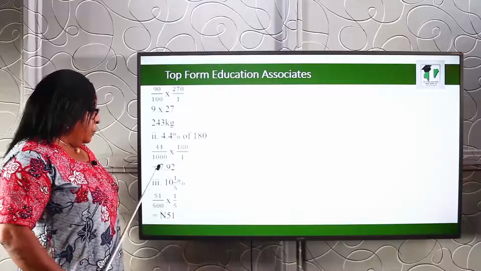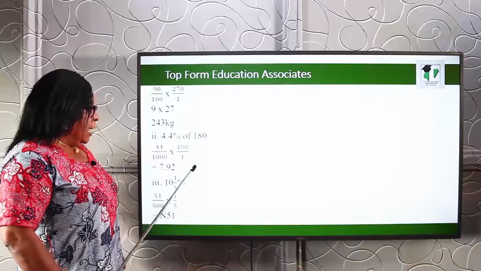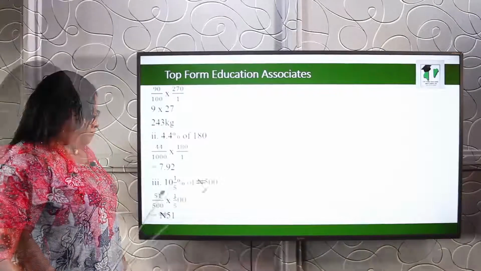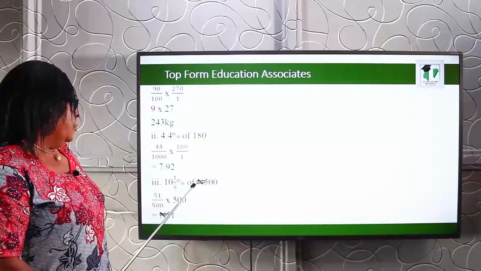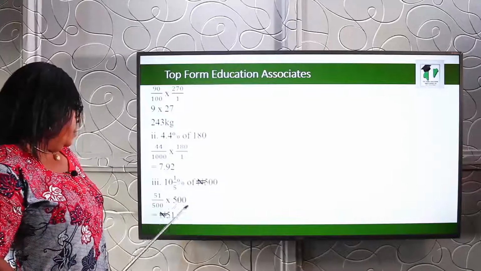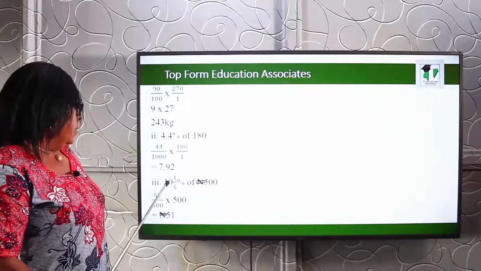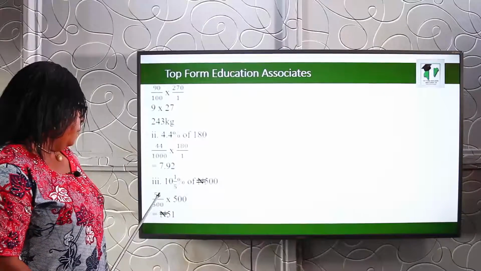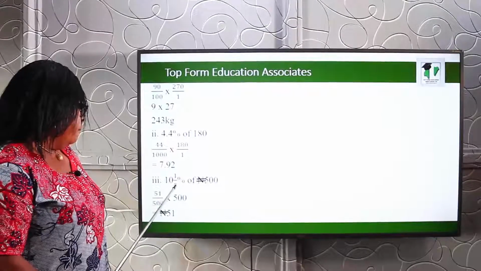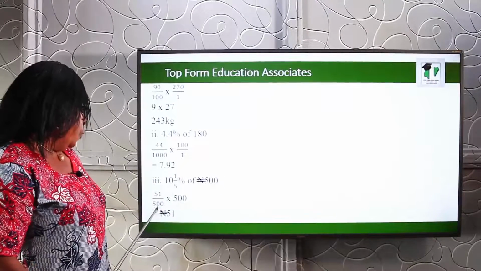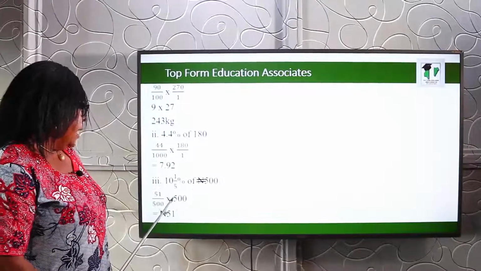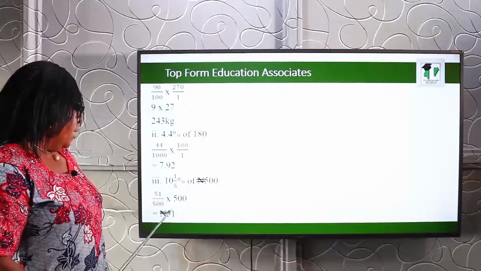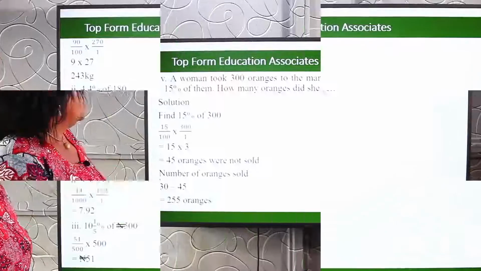Reduced to lowest term, you will have 7.92. Example 3, 10.15% of 500 naira will give us, convert 10.15 to improper fraction, you will have 51 over 5 times 100, which is 500 times 500 naira. Reduce, you will have 51 naira.